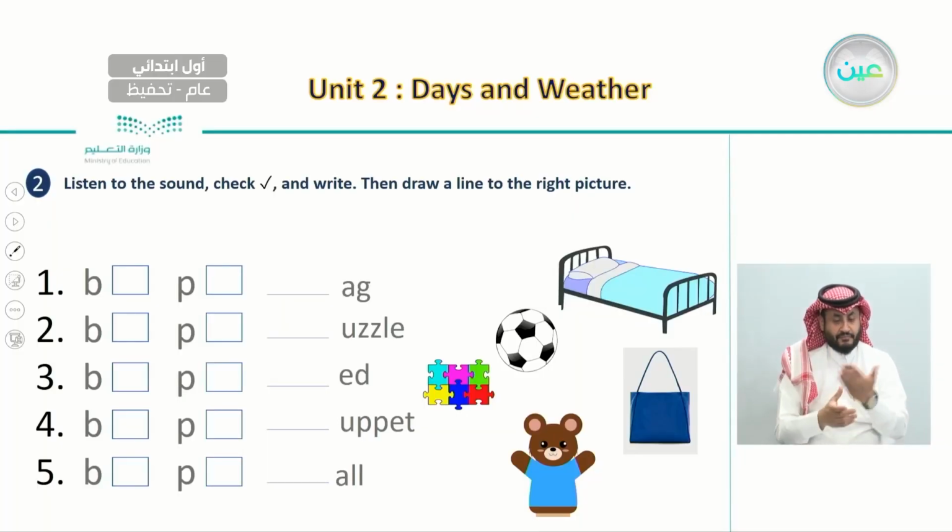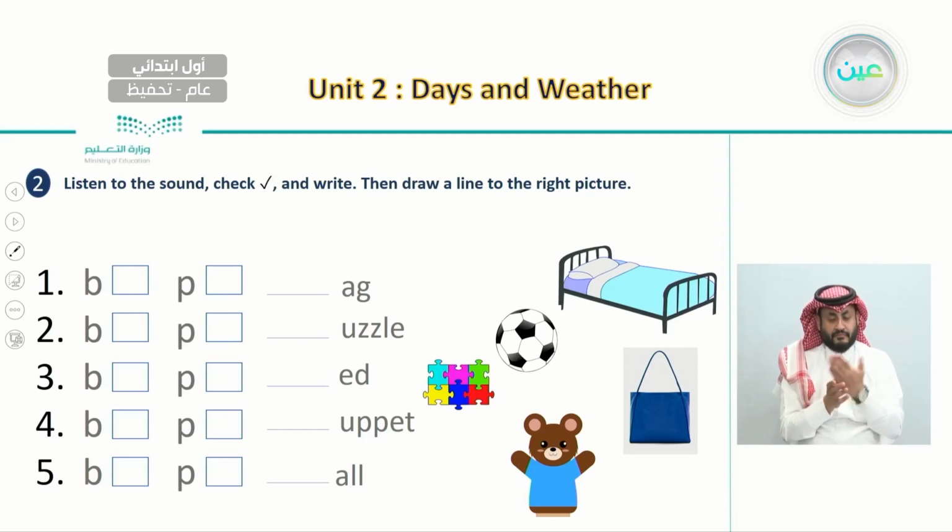As you can see here in this exercise, we're going first to listen to the sound. After we listen to the sound, we're going to put the check mark, and then we're going to write down the letter. And after we write down the letter, we're going to do the last part, which is matching, or writing a line to the right picture.